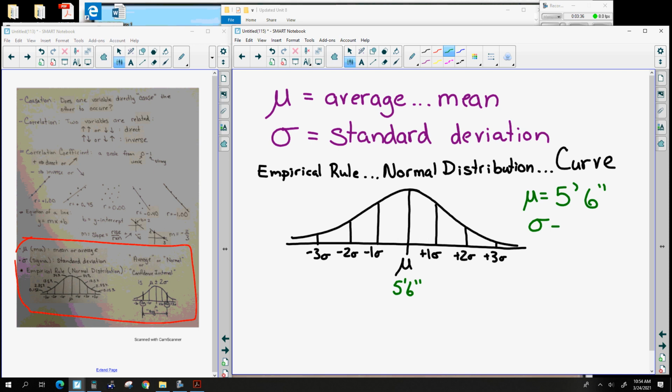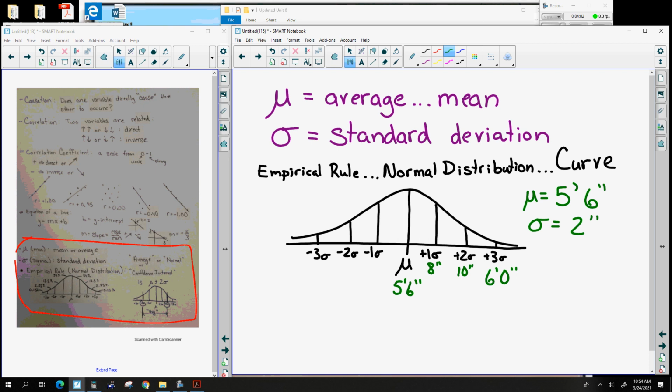Let's say we have a standard deviation of 2 inches. If I'm talking about standard deviations larger than that average, 1 standard deviation would be 5'8". The next standard deviation would be 5'10". And then the next would be 6 foot.